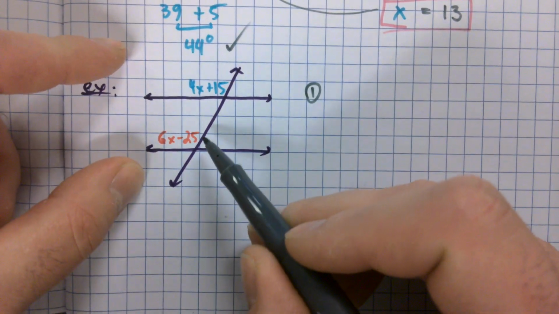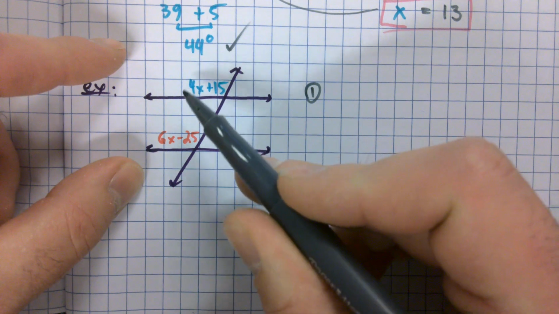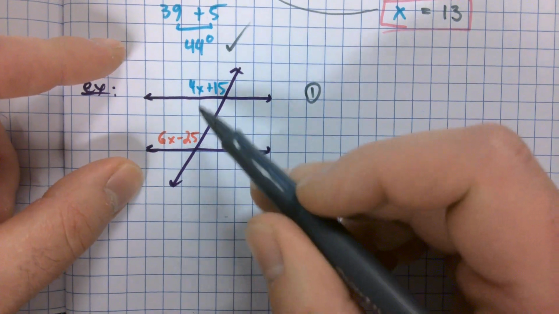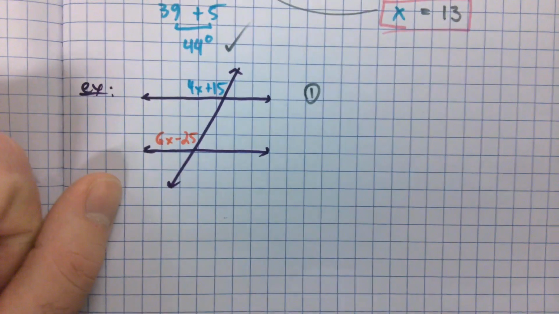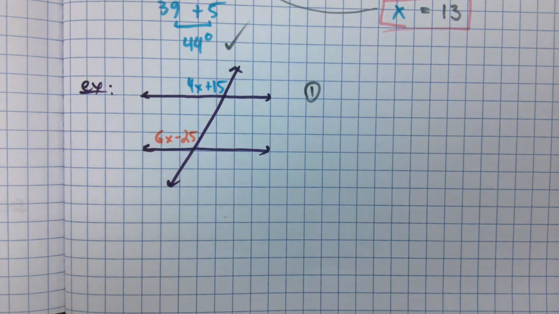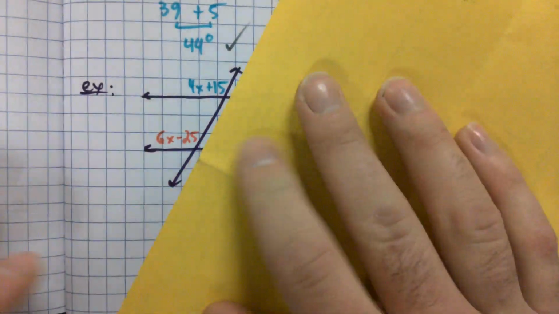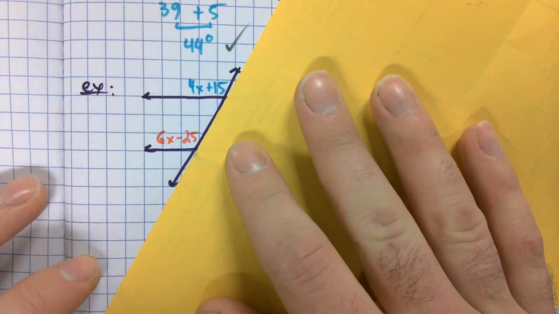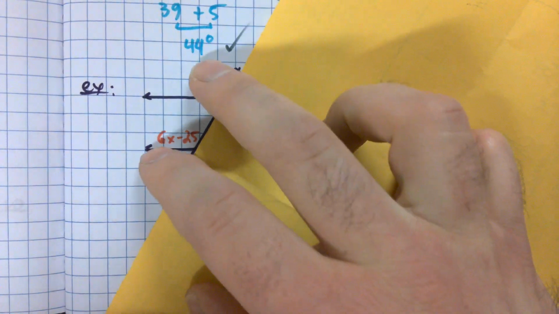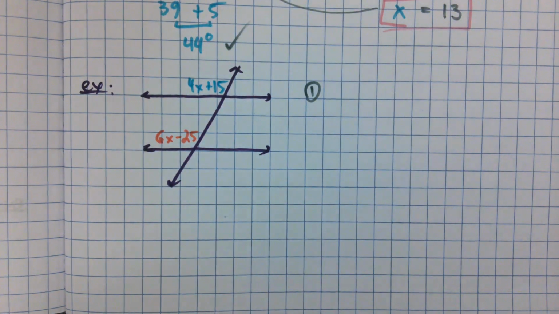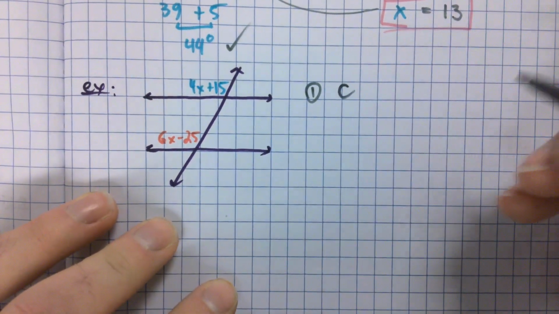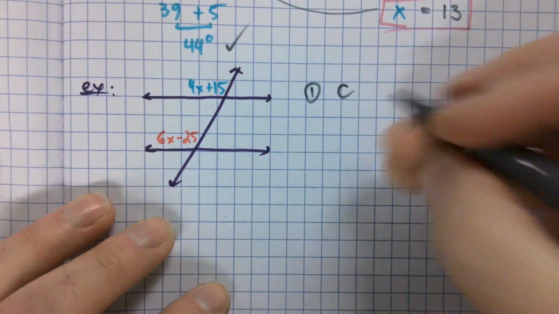Both. One's on the interior, one is on the exterior. In between the parallel lines is my red angle. Outside of my parallel lines is my blue angle. Are they on the same side of the transversal or alternate sides? Same side. So if one's in and one's out on the same side, what do we call that relationship? Corresponding.